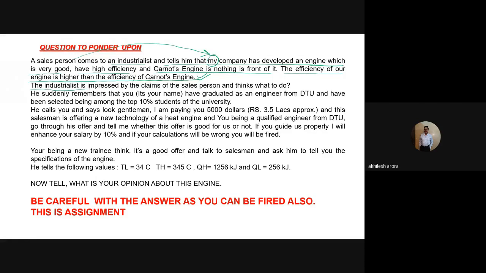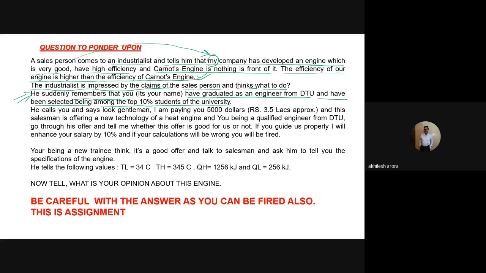The industrialist is impressed by the claims of the salesperson, and thinks, what should he do? He suddenly remembers that you have graduated as an engineer from DTU and have been selected among the top 10% students of the university.